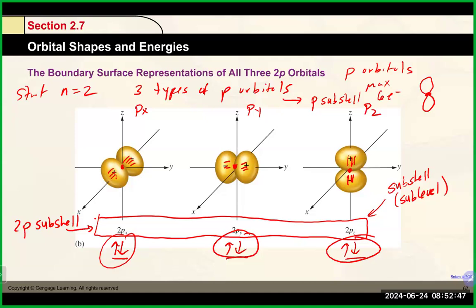So subshell or sublevel is a reference to a grouping of individual orbitals that are all the same type of orbitals on the same energy level. Speaking of that, when we talk about n equals 1, n equals 2, n equals 3, this is sometimes referred to as a shell or a level, like the n equals 2 shell or the n equals 2 level.